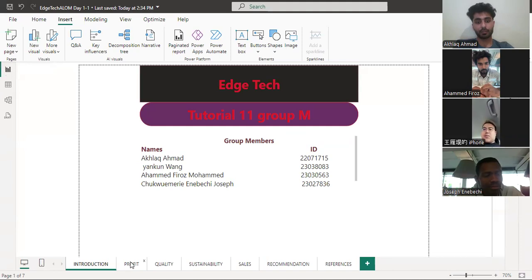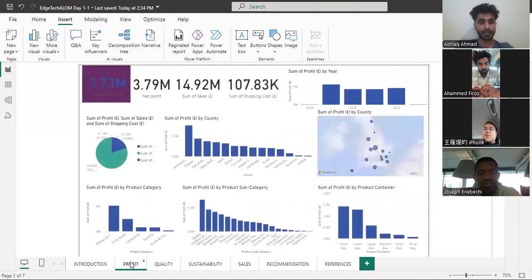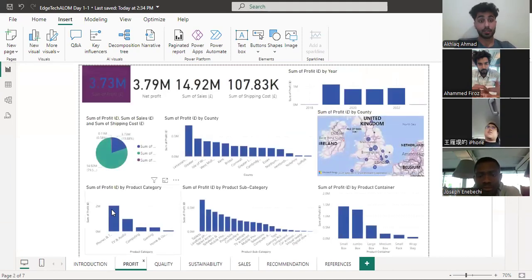The first KPI that I'm going to explain is sum of profit. If you can see this, we have 3.73 million sum of profit, and the total sale is 14.92 million, and this is the net profit.